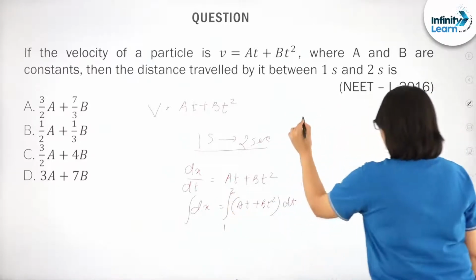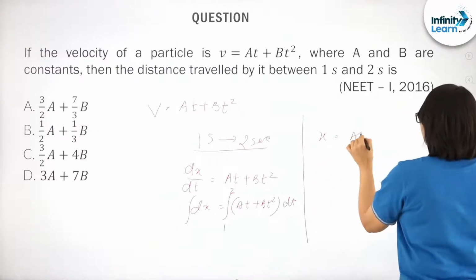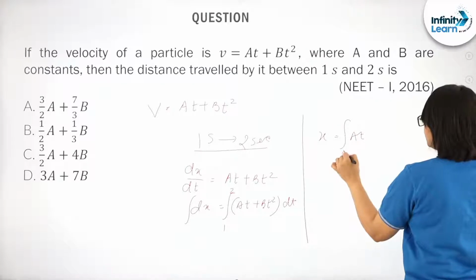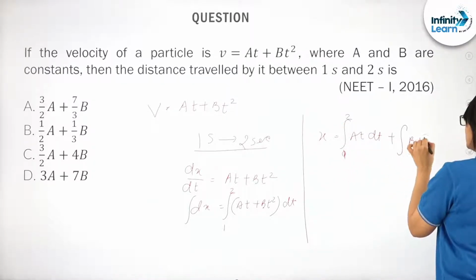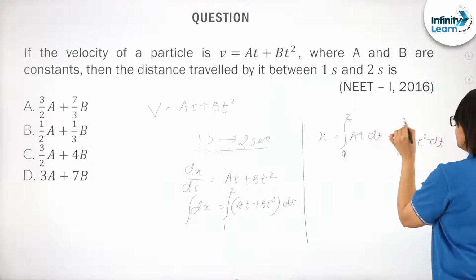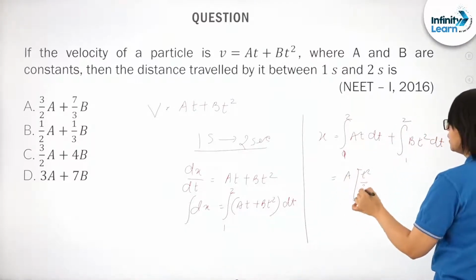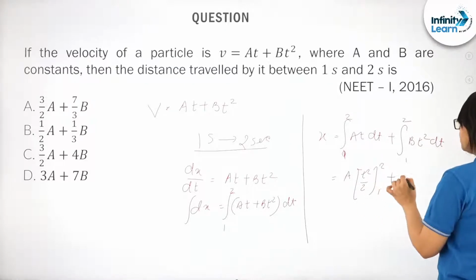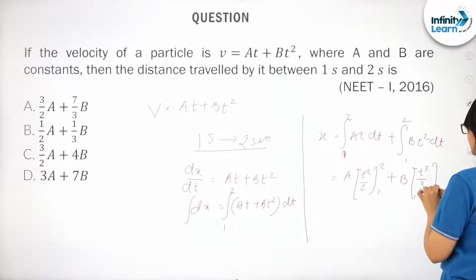So integration of dx is, let's say, x, and the integration of at dt from 1 to 2, plus integration of bt square dt from 1 to 2, okay? So it will be a times integration of t, that is t square by 2, 1 to 2, plus b times integration of t square, that is t cube by 3, 1 to 2.